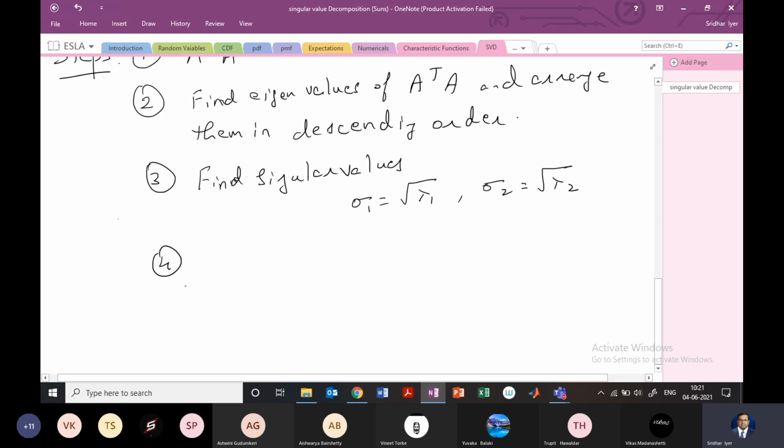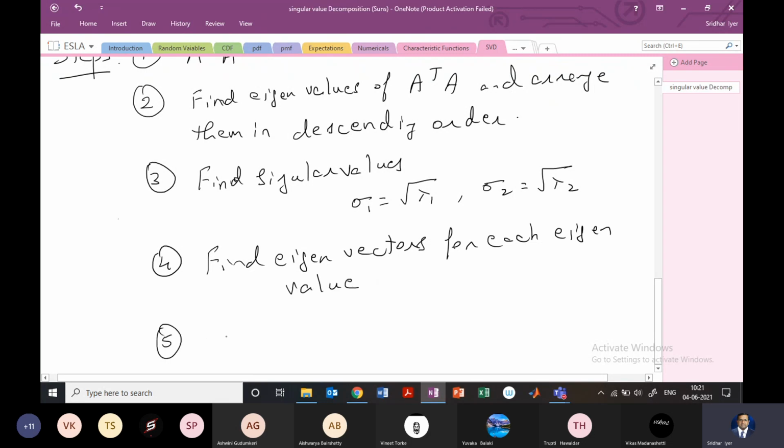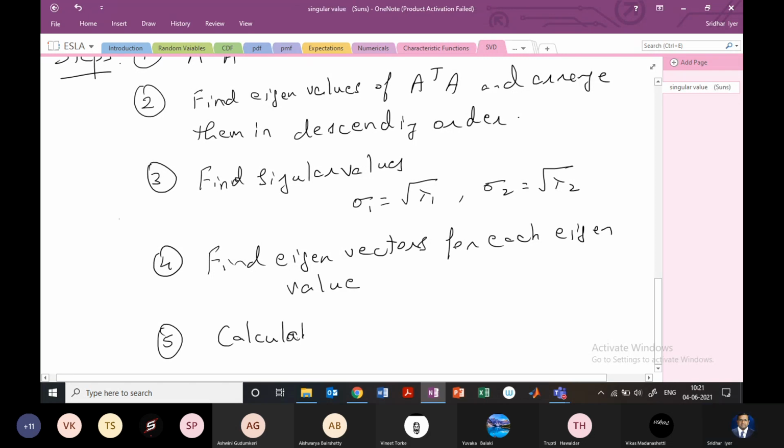After finding those values, find eigenvectors for each eigenvalue. Fifth, calculate U, V and D matrices.